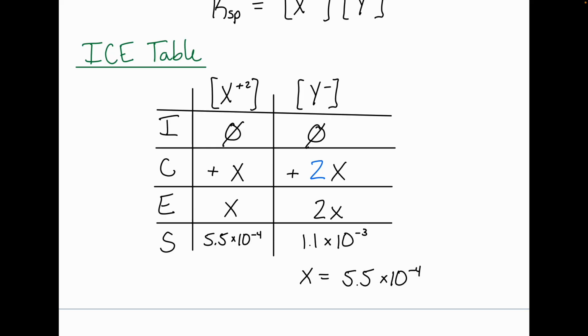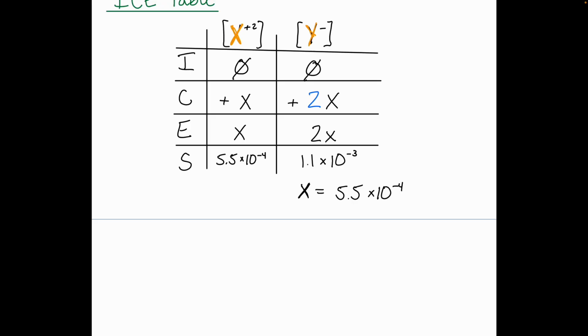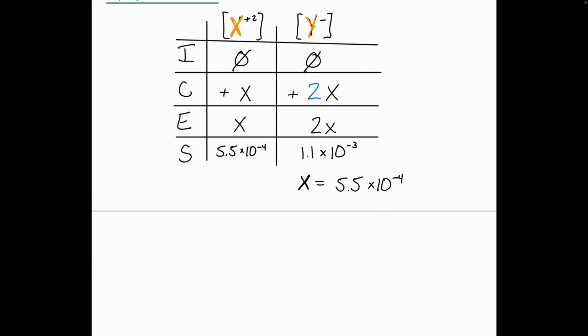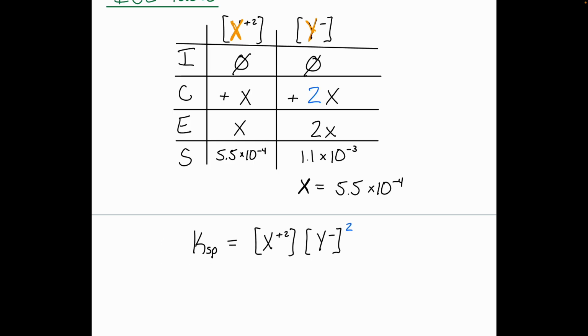To be clear, let me make this orange x and y to distinguish between my little x in this change box. All right. Now, given our Ksp expression, everybody take a second, plug in those equilibrium values, and tell me what that Ksp is going to be.